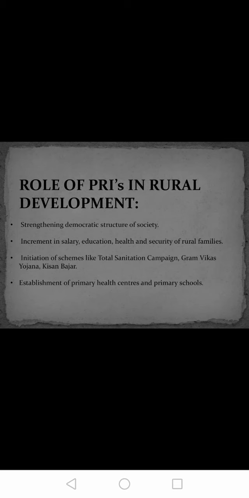Also, PRIs, along with rural development departments, have started many schemes of development like Total Sanitation Campaign, Gram Vikas Yojana, Kisan Bazaar, etc. Also, the establishment of primary health centers and primary schools is a major function of PRIs in rural areas.